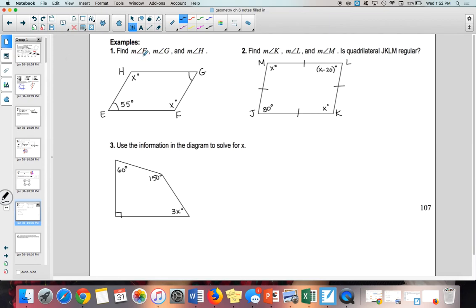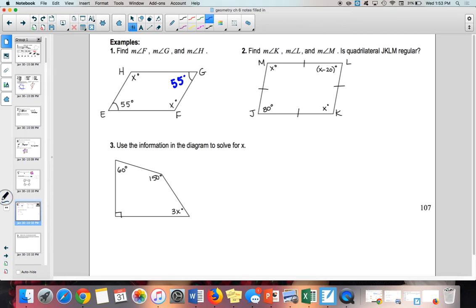So if it says find the measure of angle F, G, and H, and you have something like this, do you guys remember what these markings mean from first semester? What does that mean? They're congruent. So because of that, I know if I had 55 on the first one, this one's also 55. What equation could I write to find X?